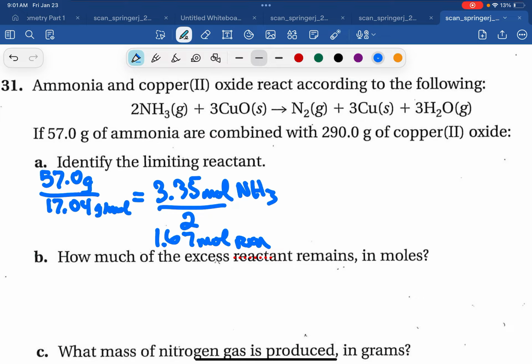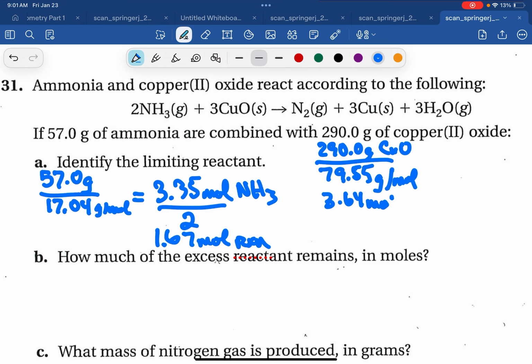All right, so then let's go with the 290 grams of copper 2 oxide, divide it by its molar mass of 79.55. And I'm getting 3.64 moles. Divide that by its coefficient of 3.